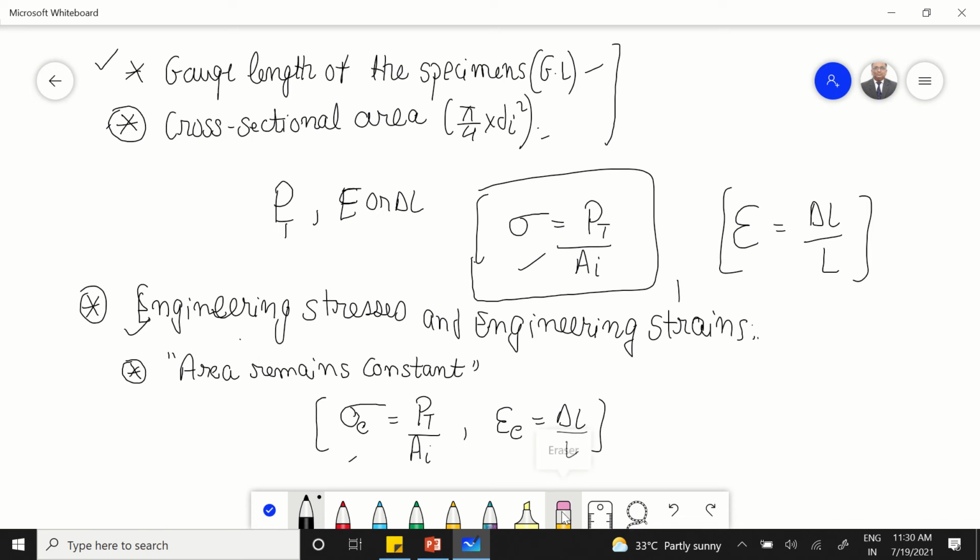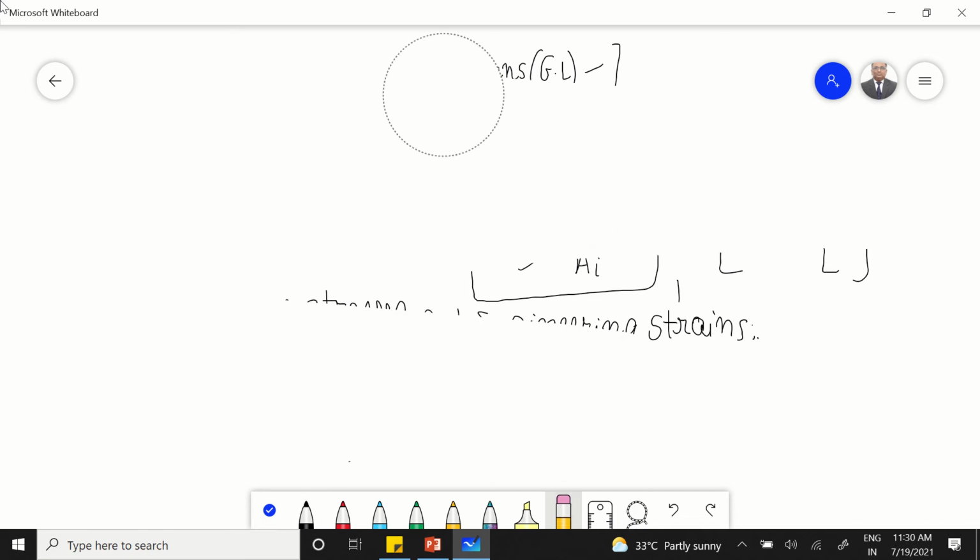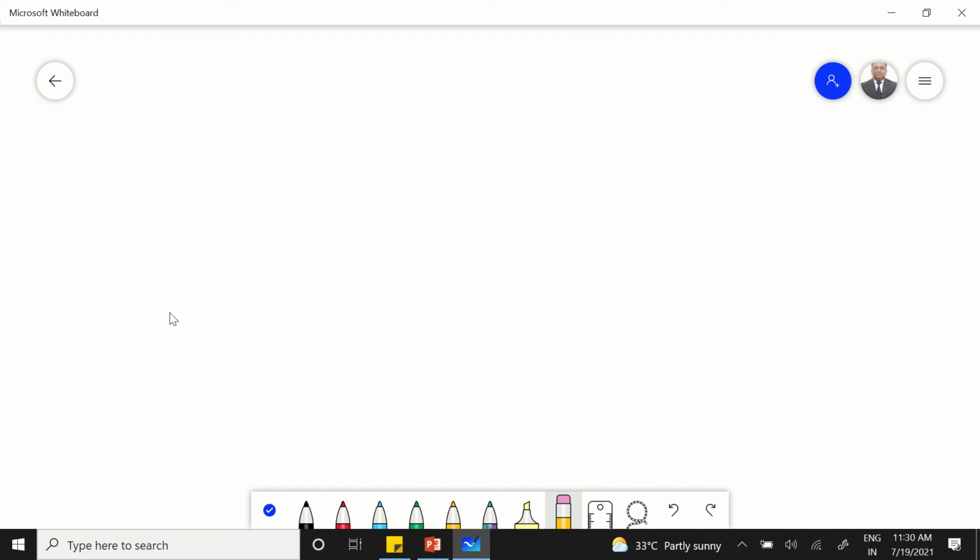How does it look? It somewhat looks like this. Let us draw a conventional stress strain diagram and try to understand the basic behavior of the stress strain curve.